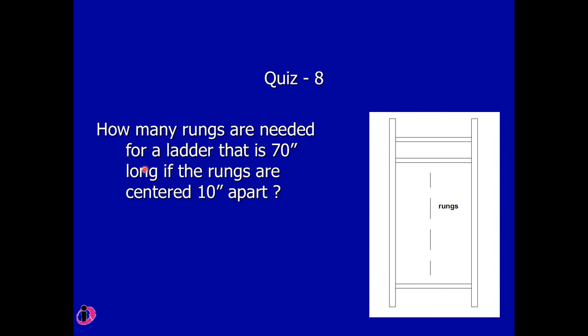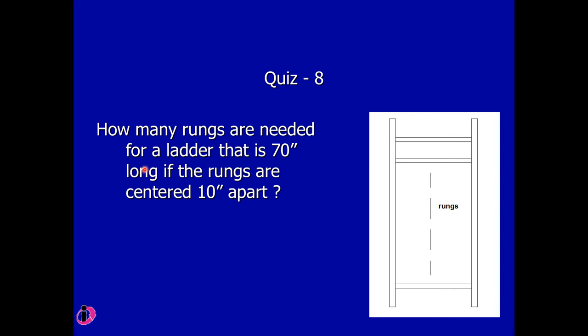But let me tell you this. Even if this looks like a division problem, which it is, there is a little trick here. Let me draw it. Now let's say this is a 70-inch ladder, and you are trying to draw 7 rungs here, okay? Now what happens is, if you draw the 7 rungs, 10 inches, 10 inches apart, right? 30, 40, 50, 60, and 70.